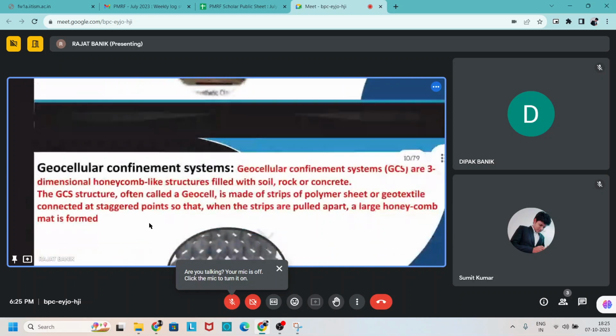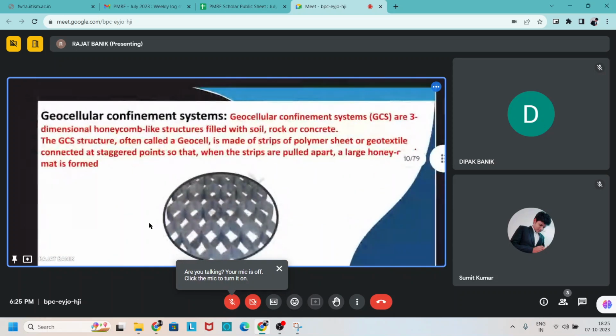Then geocellular confinement system. Geocellular confinement systems are three-dimensional honeycomb-like structures filled with soil and concrete. Geocellular confinement systems, often called geocells, are made of strips of polymer or geotextile connected at staggered points so that when the strips are pulled apart, a large honeycomb mat is formed.